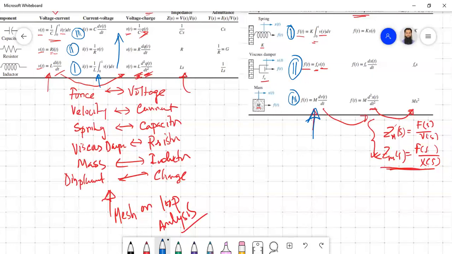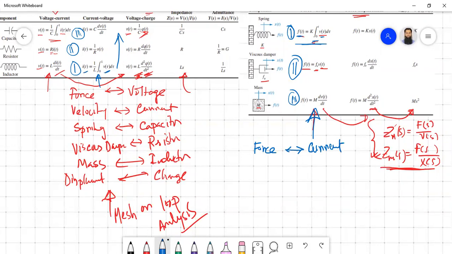So now, as you can see, in the first column here, the force and the velocity are related with the integral formula. So here, current and the voltage are related with the integral formula. So what analogy you can make now is basically your force can be analogous to current, which is the source in case of nodal analysis.